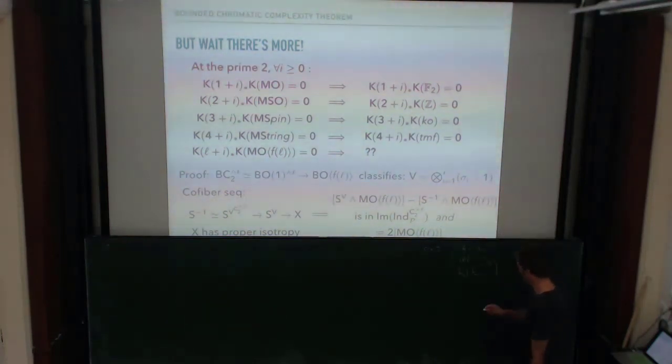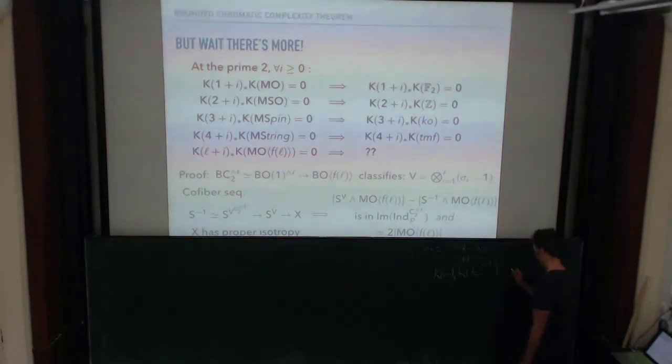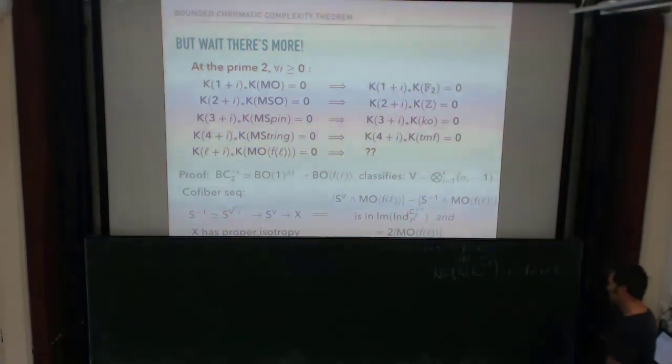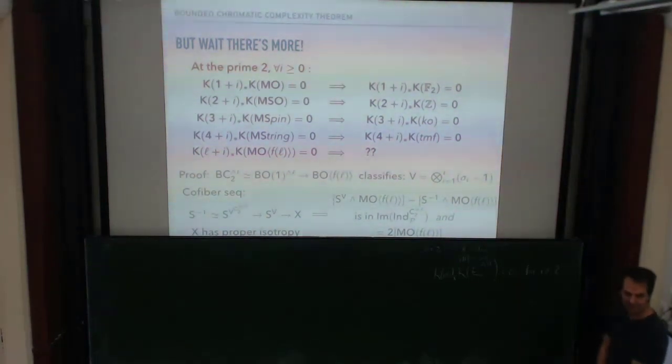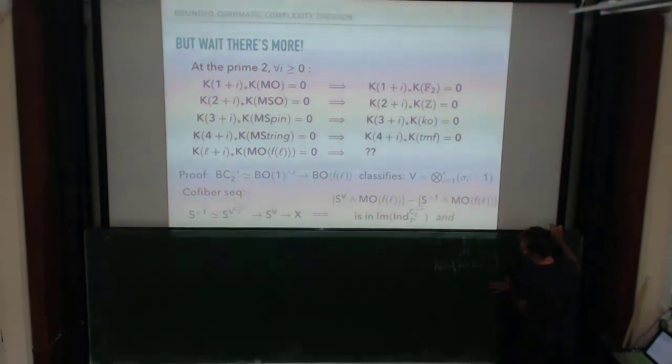Then this has K(m+i)_* equal to 0 for i greater or equal to 2. So at the prime 2, we seem to have pretty much the set of results I'm looking for as evidence for this redshift.